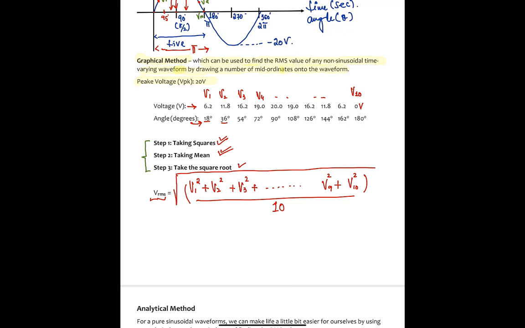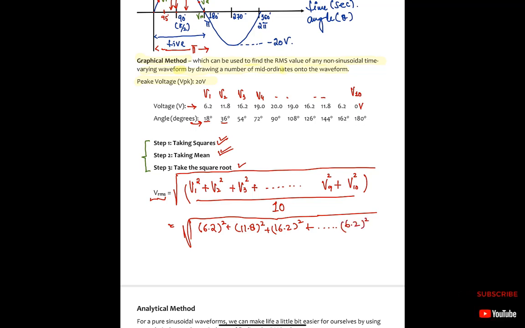Now, if I plug in the values here, and I'm not going to do the whole thing: V1 was how much? 6.2 square plus 11.8 square plus 16.2 square, and then similarly we do it for the rest. V9 is 6.2 square, and V10 is 0 volts, so 0 square, divided by 10.